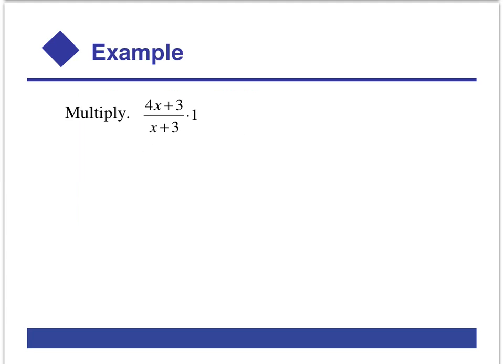Okay, when you have 4x plus 3 over x plus 1 times 1, you can let that 1 be anything. If we just chose a number arbitrarily, we could have chosen anything. We could have said, I don't know, 3x over 3x.